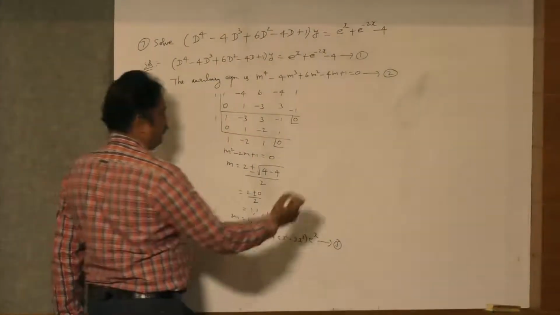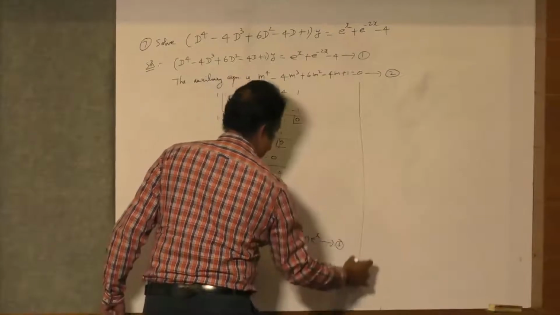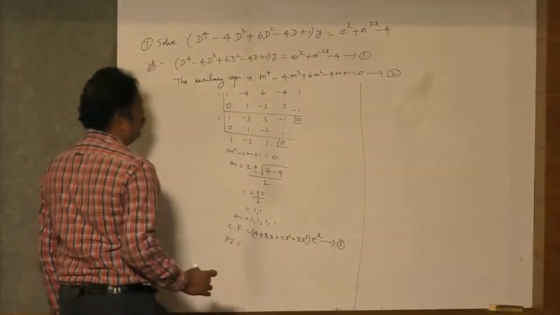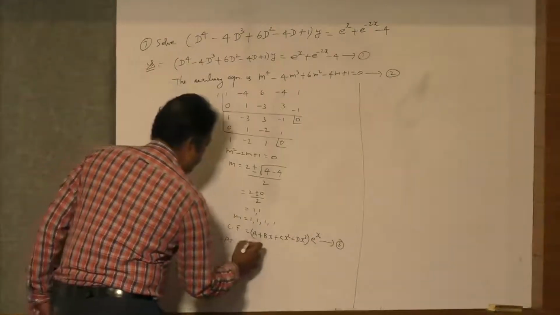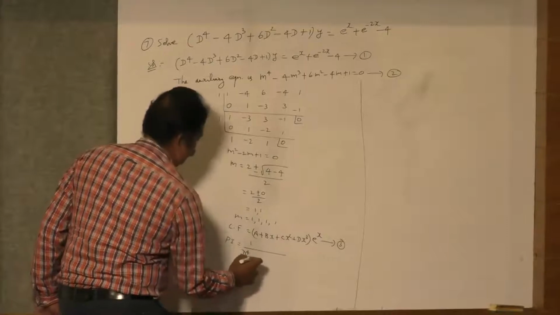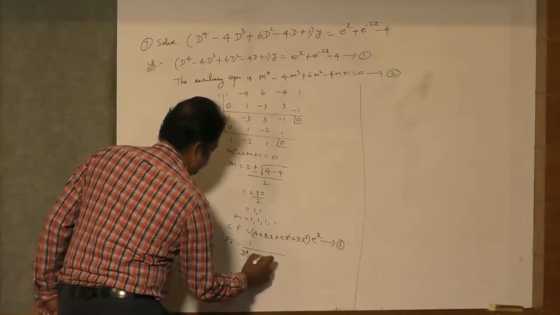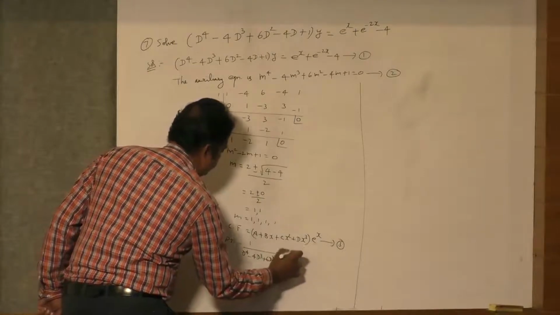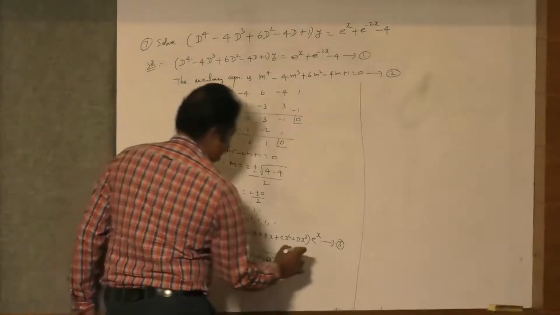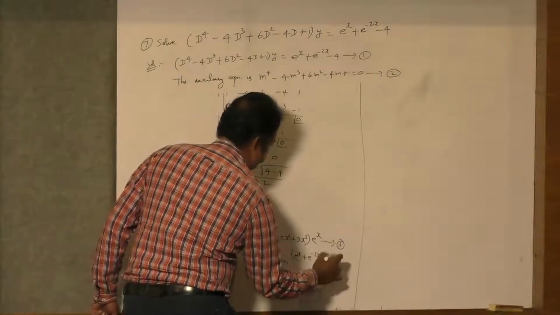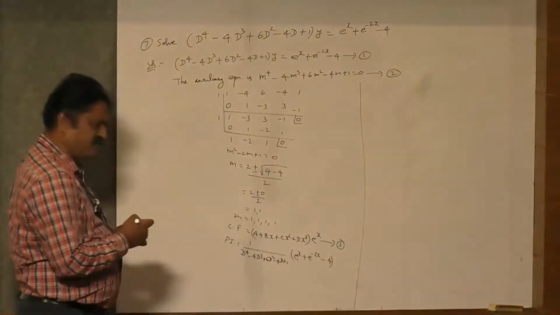Now let us find a particular integral. Particular integral is equal to 1 divided by d power 4 minus 4d cube plus 6d square minus 4d plus 1 into e power x plus e power minus 2x minus 4. So there are 3 terms.